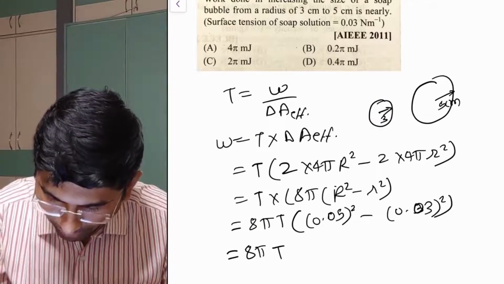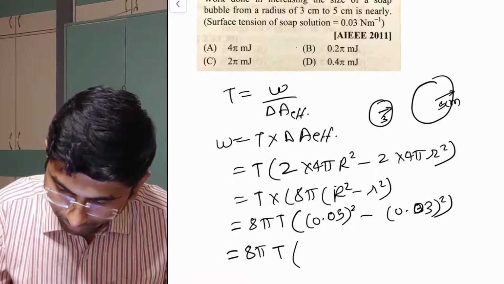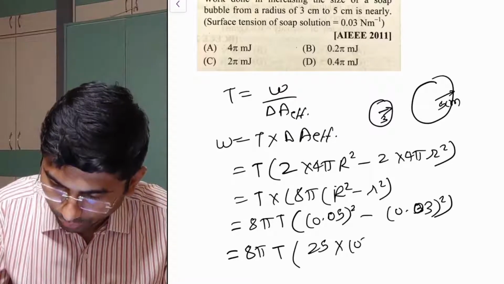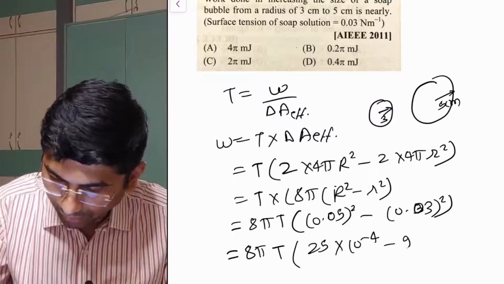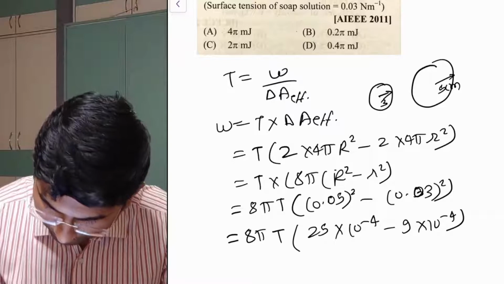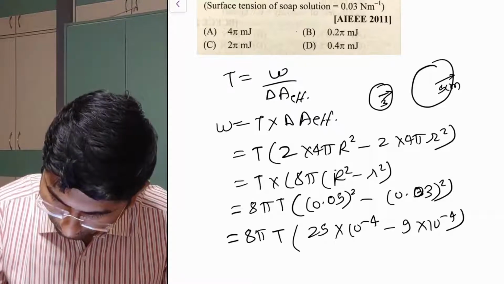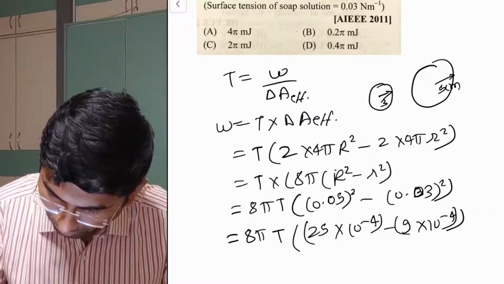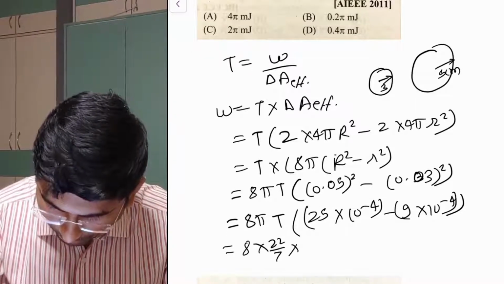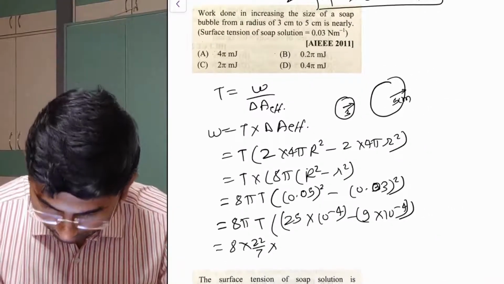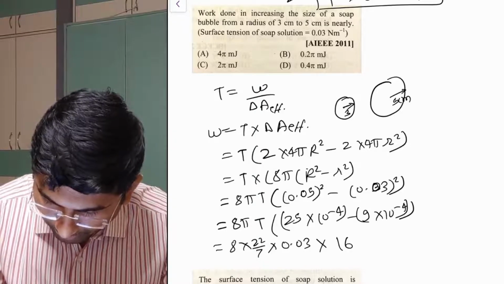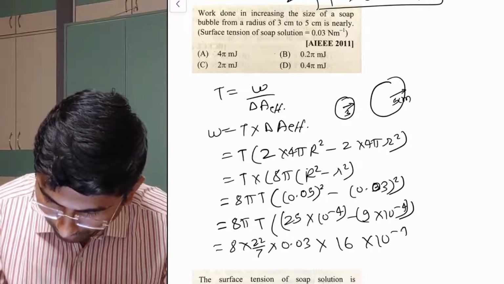Here it will be 25 into 10 to the power minus 4 minus 9 into 10 to the power minus 4. And the final answer will be 8 into 22 by 7 into tension, which is given to us as 0.03, into the subtraction, which is 16 into 10 to the power minus 4.